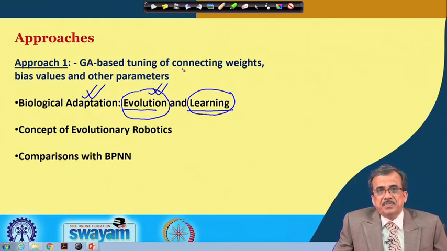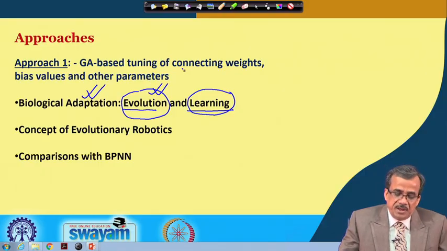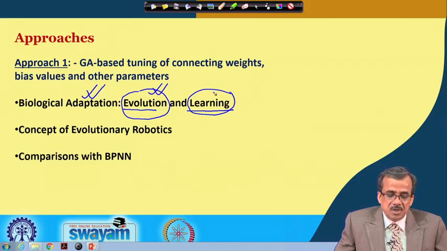On the other hand, if you see the principle of learning, during learning one spends a lot of time carrying out optimization. That means, for learning, knowingly or unknowingly, we use the principle of optimization.